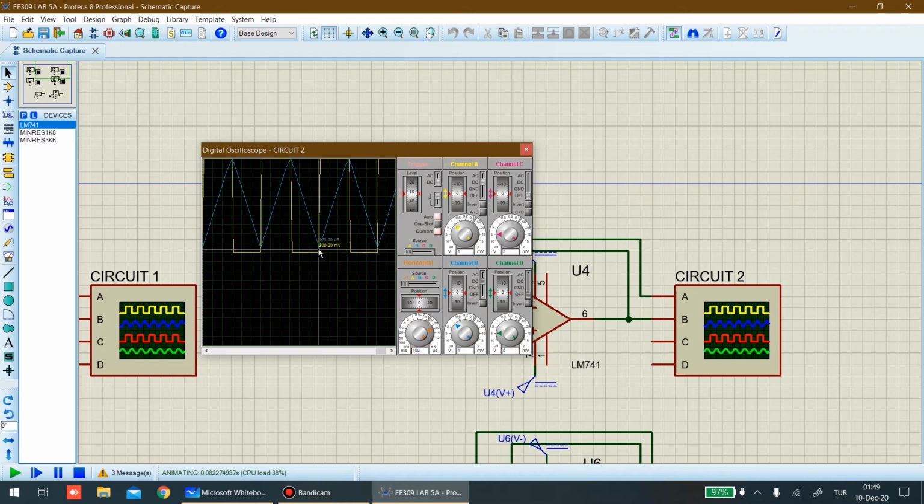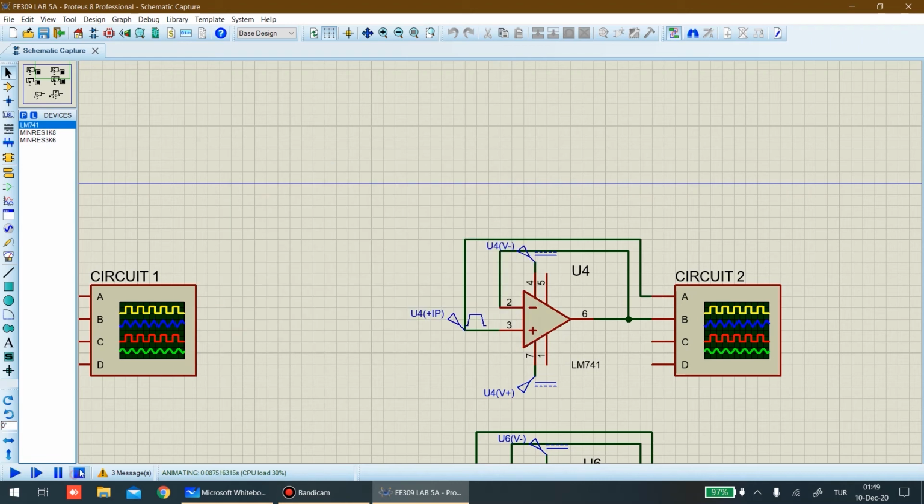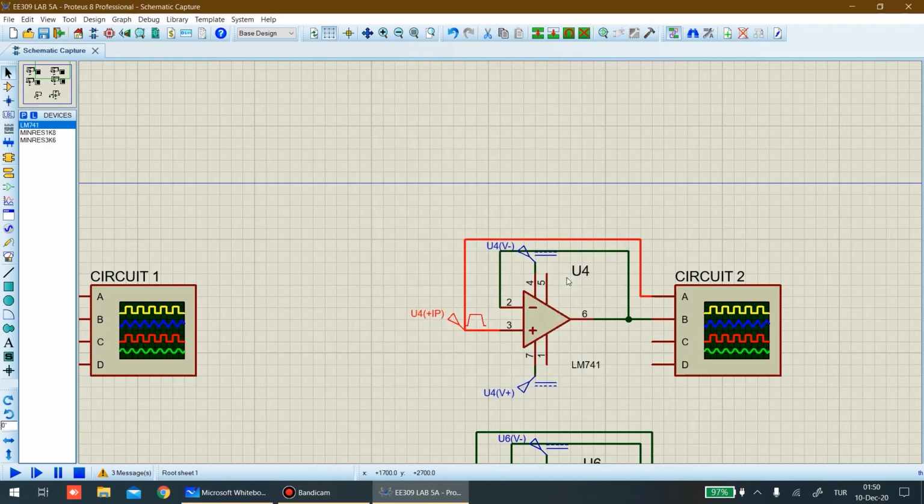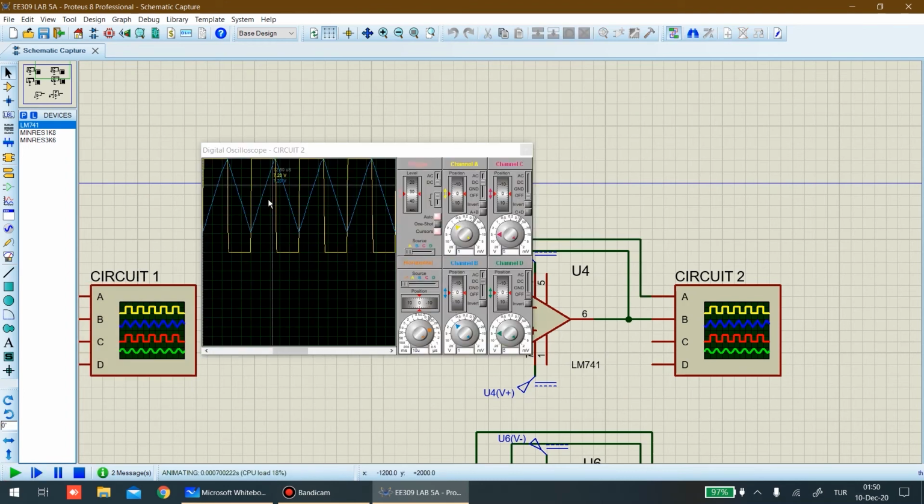If you try to push it beyond its limits, if you give a much bigger frequency, such as 20 kilohertz, it cannot reach the maximum and the minimum voltage values.